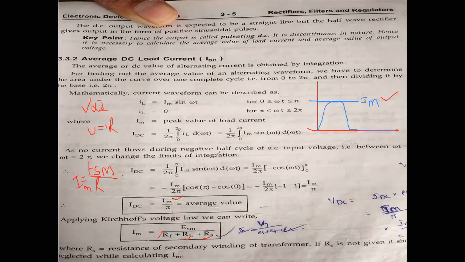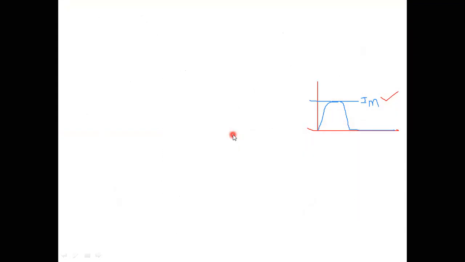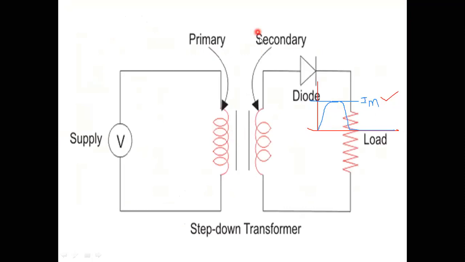See here, for a given half rectifier circuit, I'm going to the circuit now. These are windings made up of some wire. Every conductor has some resistance, though the value is very, very small.